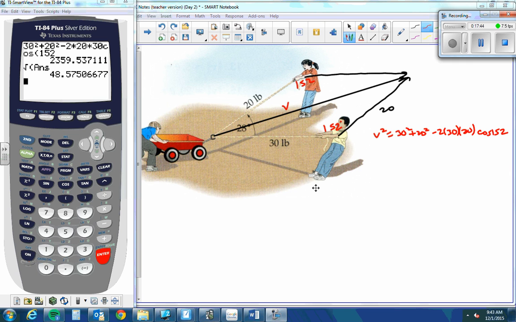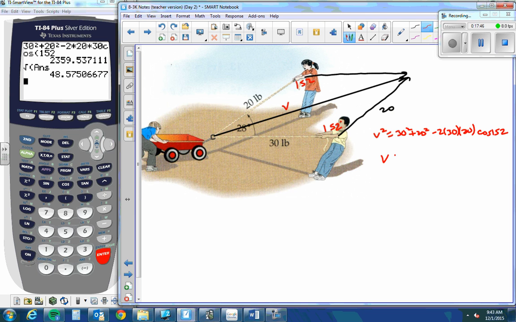Type that in. Pounds of force. Which, by the way, just a reminder, since the two sides we knew were 20 and 30, the missing side had to be somewhere between the sum and difference. So it had to be between 10 and 50, so this fits.